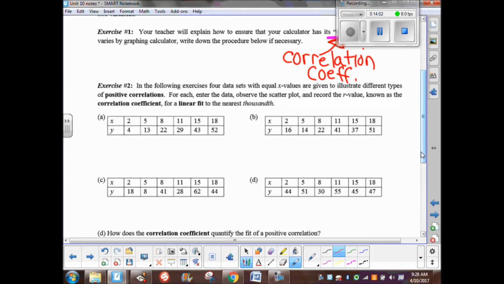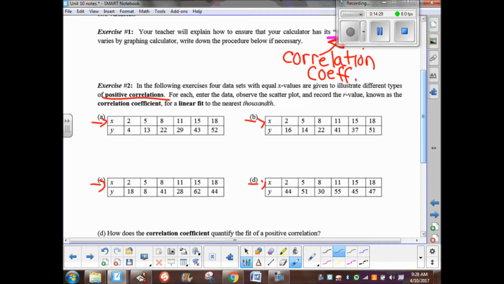So it says in the following exercises, 4 data sets with equal X values. So all the X values in all 4 are the same, and they have positive correlations. Positive correlations means it's got a positive slope to it. As one increases, the other increases.